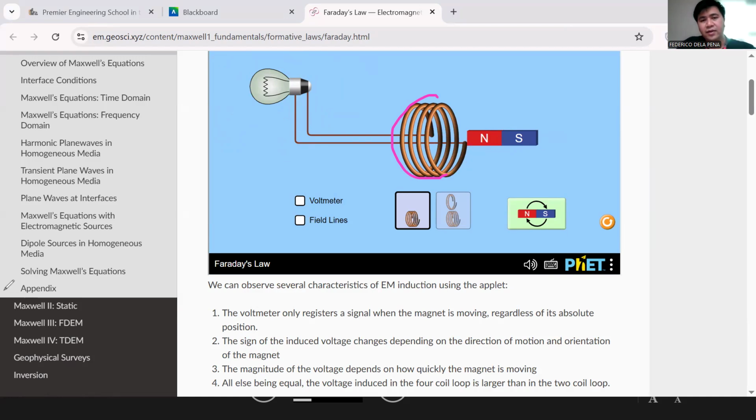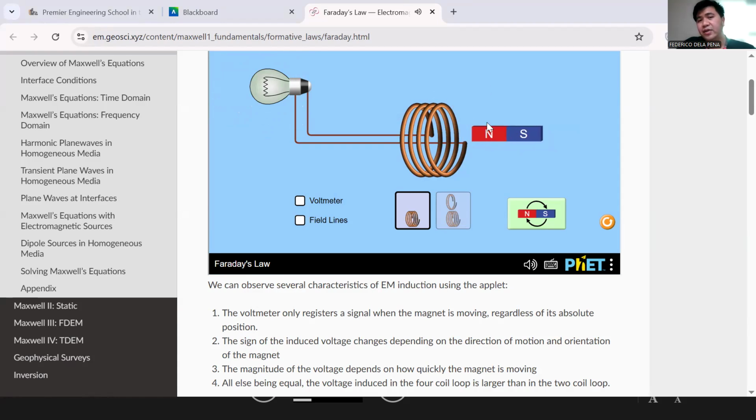Now, in the electromagnetic methods, the subsurface objects which we will be surveying, that's your body, right? This is like your subsurface object, this electrical coil. And what we're simply doing is we're introducing a non-constant or an oscillating or a pulsating magnetic field to the subsurface.